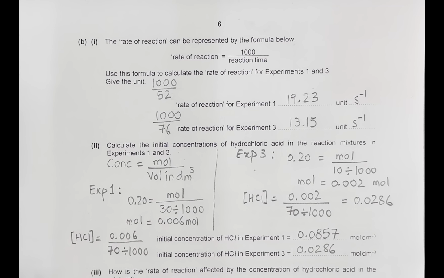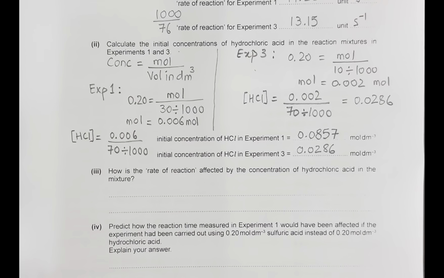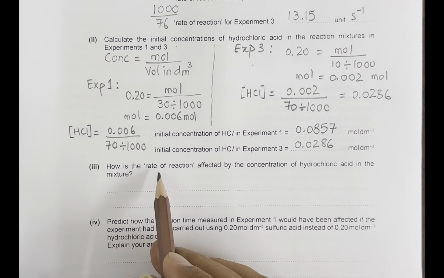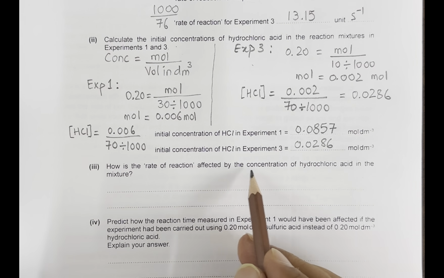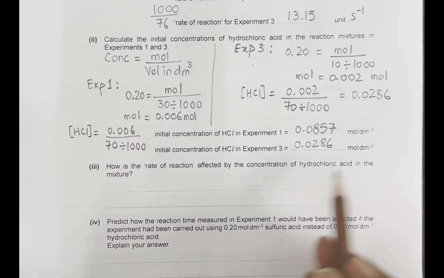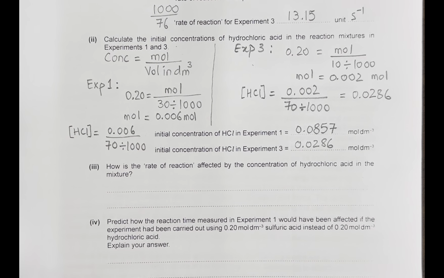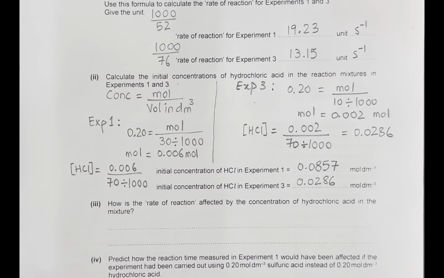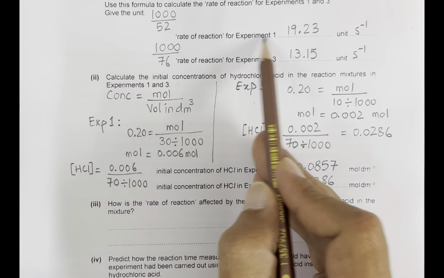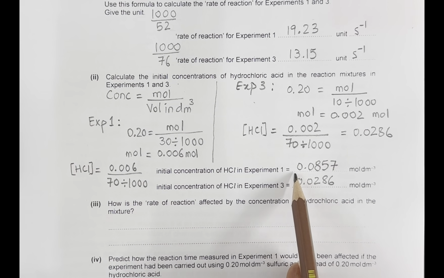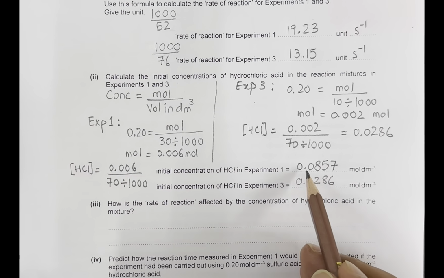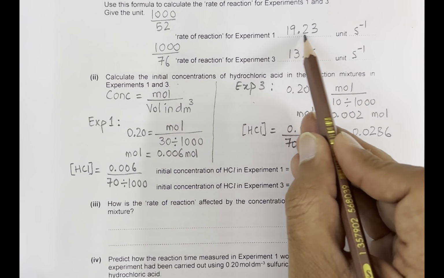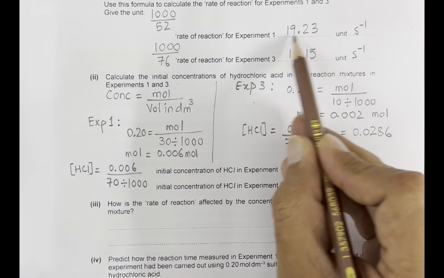Now let's move on to the next part, which says how is the rate of reaction affected by the concentration of hydrochloric acid in the mixture. Now they have given you the idea in the above parts. If we compare the rate of reaction with the concentration of HCl used, it shows when we have a bigger concentration of acid, the rate is also bigger, or you can say faster.